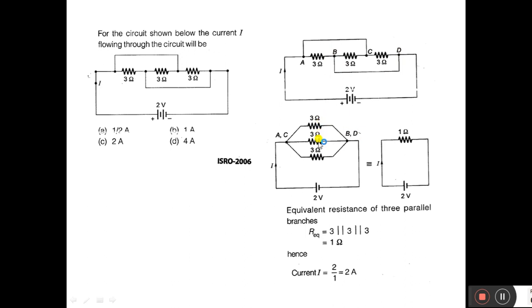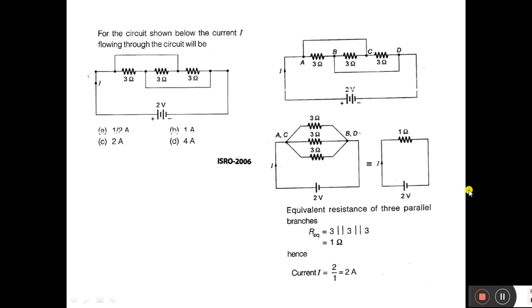So all the 3 ohm resistors are in parallel. If the same resistor values are connected in parallel, there is no need to calculate the equivalent resistance. Simply put the resistor value divided by the number of parallel connections. Here 3 ohm, 3 parallel connections, so 3 divided by 3 becomes 1 ohm.